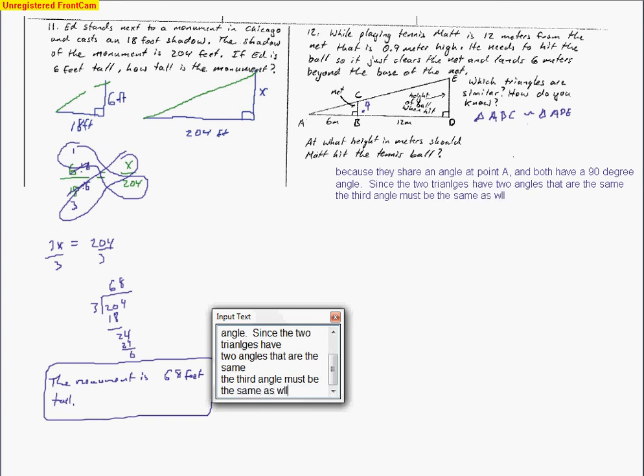And so the saying that we end up using for that is, this is the angle-angle postulate. And so that allows us to say, once we find two angles being the same in two triangles, then I would know that the two triangles are similar because all angles would be the same. And that's what makes a triangle similar, is if all angles are the same.